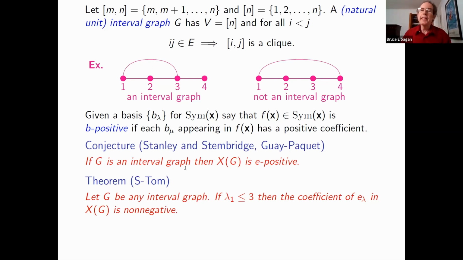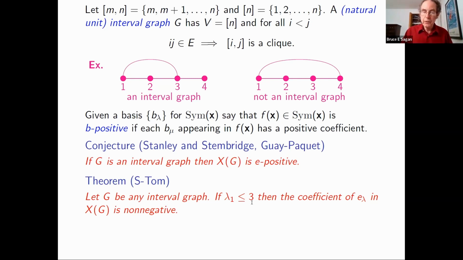We can use this technique to turn that on its head. Rather than looking at a subset of graphs and looking at all their coefficients, we can take a specific type of coefficient, in this case, the e lambdas where lambda 1 is at most 3, and show that that's got to be non-negative in all interval graphs. So it's kind of reversing the viewpoint.